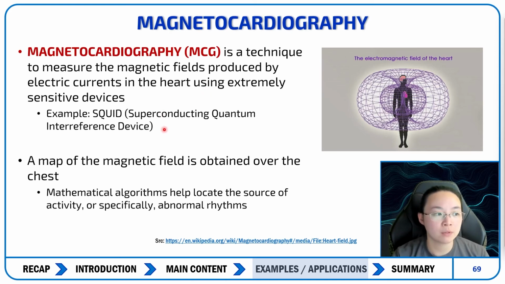So one example is a SQUID, which is a superconducting quantum interference device. So basically, a map of the magnetic field is obtained over your chest, like this. And you're going to use mathematical algorithms to help locate the source of activity, or specifically, abnormal rhythms coming from the heart.